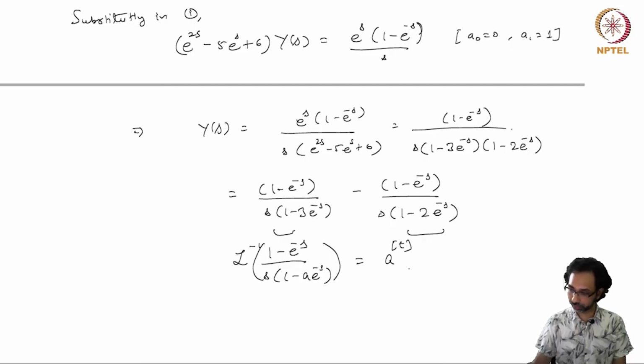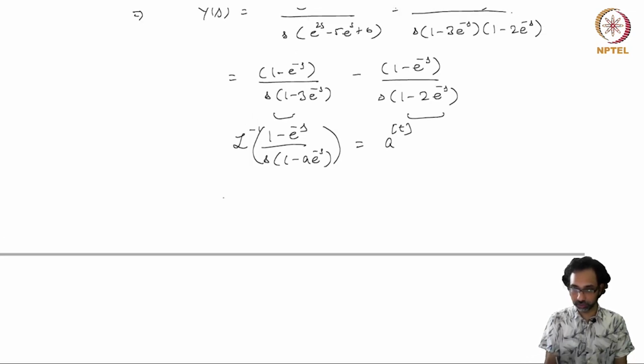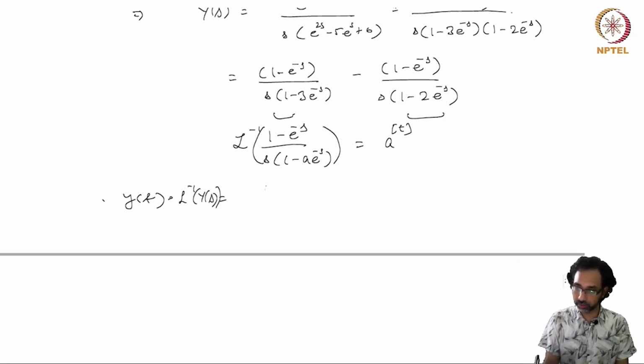So we get the solution as, y(t) is the inverse Laplace transform of Y(s), and this is given by 3 to the power of the greatest integer part of t minus 2 to the power of the greatest integer part of t.